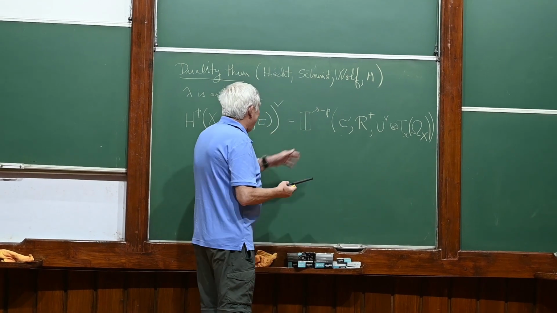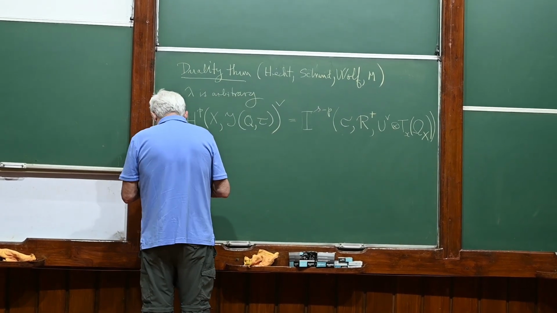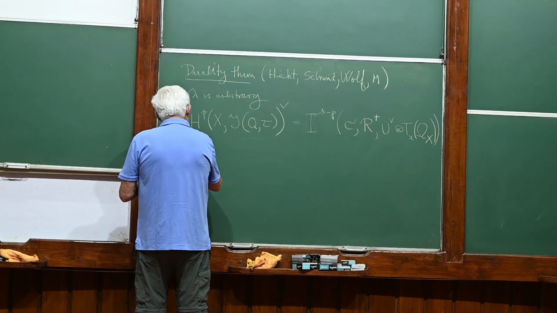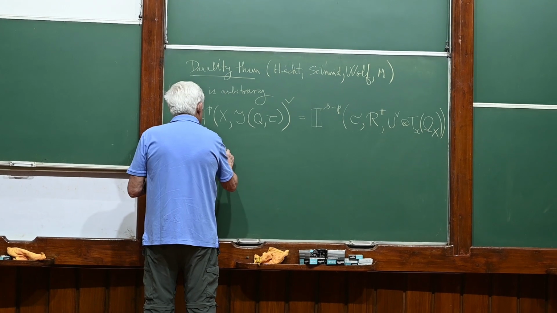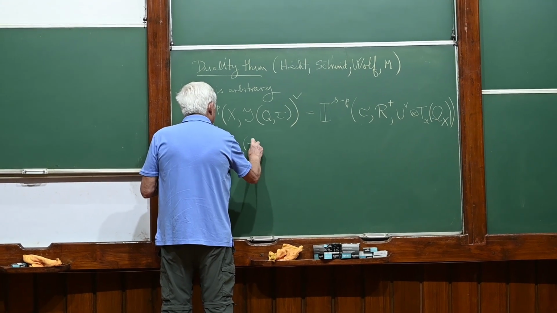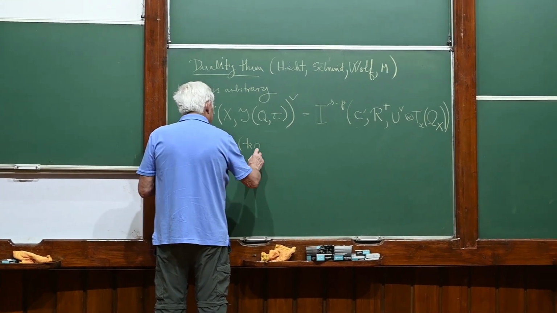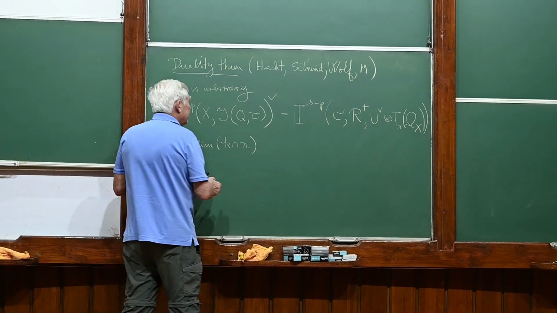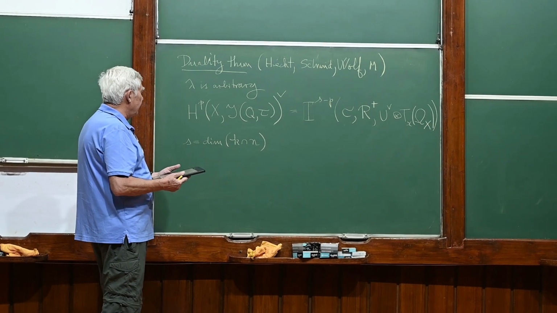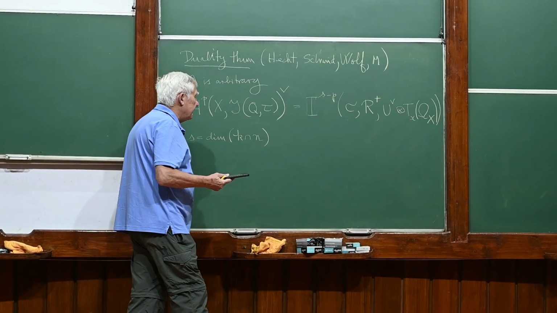So first of all, S is like in Arvid's talk, this is the dimension of the Lie algebra k intersected with the Lie algebra n. Of course, I'm doing this in the wrong order, I didn't define what anything is.